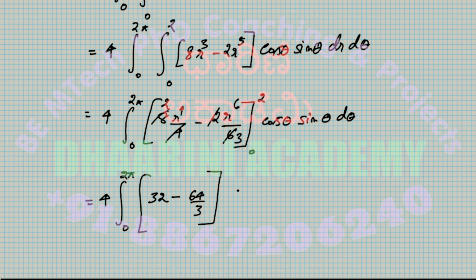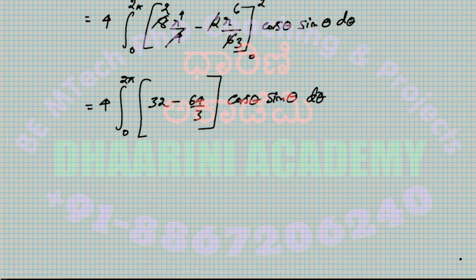So simply we have cos theta sine theta d theta, right? So what is this value? 32 minus, let's try to write it. So there is a 4. 4 multiplied by 32 minus 64 by 3, right?